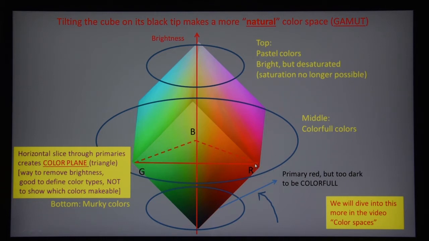But this is a representation people also like to use, the color plane. And it is generated like this from the color solid by connecting the three vectors of the maximum red, green and blue. And then you pretend there's no brightness, there's just categories of colors, reds, yellows, greens, cyans, blues, purples, etc. It's a little bit simpler shape.